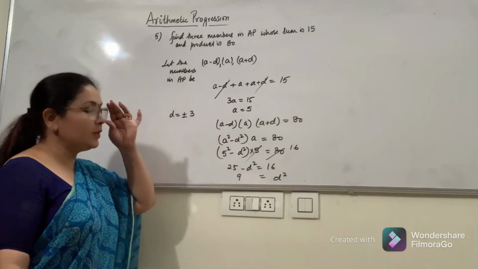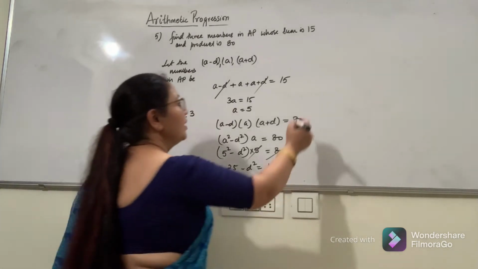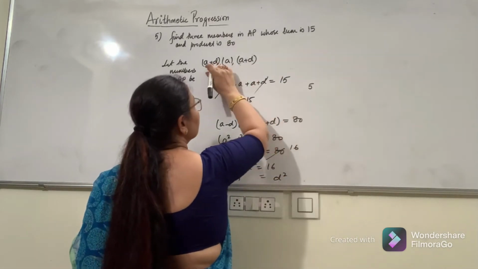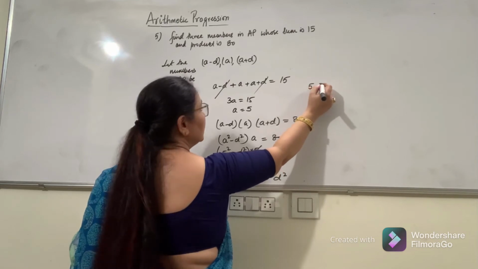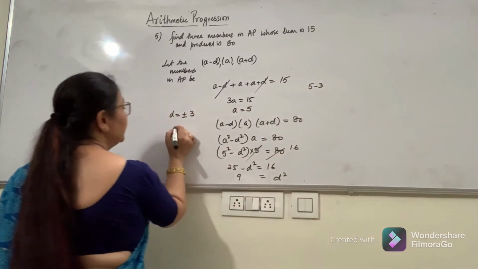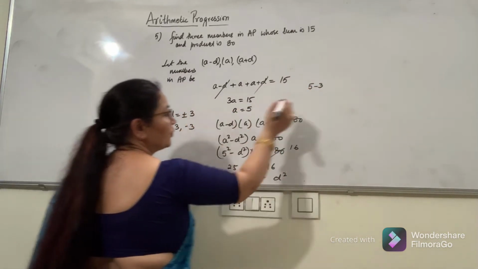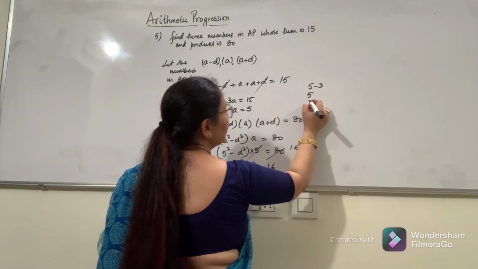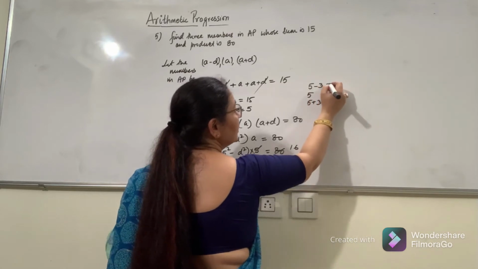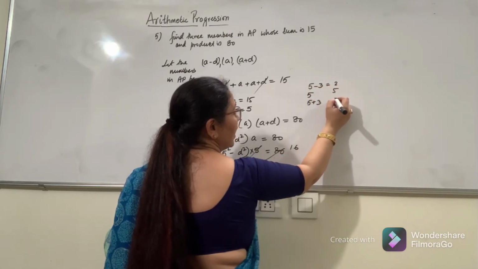So now can I evaluate these terms? Final answer. First term is 5 minus d, 5 minus 3, that is 2. d has two values, 3 and minus 3. So first taking d as 3, the numbers are 2, 5 and 8.